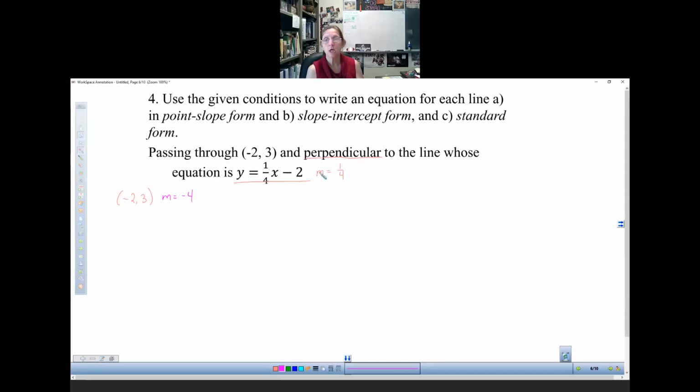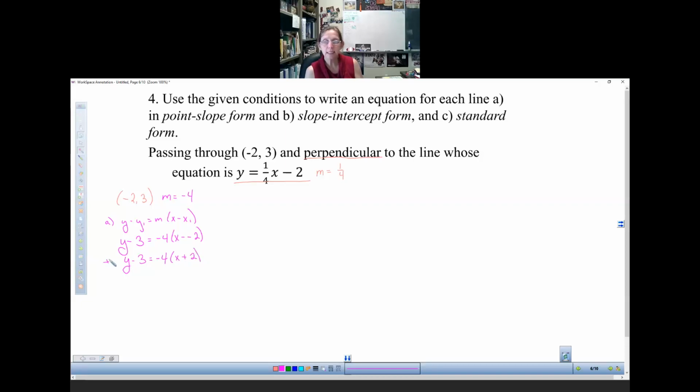Excellent. Okay. So now I'm going to go through, again, the y minus the y value is equal to the slope times x minus the x value. Just reminding you of the formula, so I have y minus 3 is equal to -4 times x minus the -2. Simplifying that just a little bit, I have y minus 3 is equal to -4 times x plus 2.